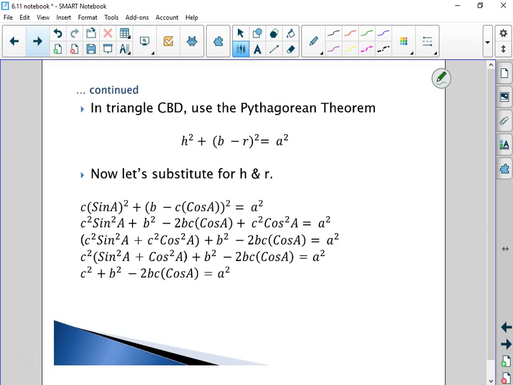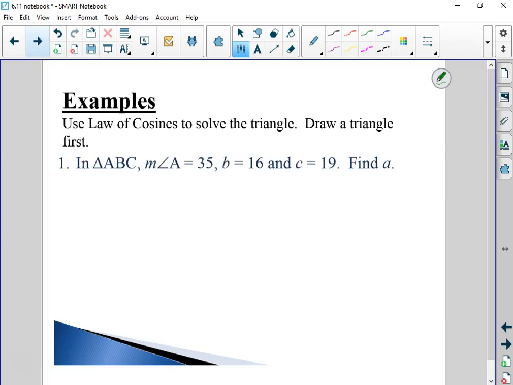You might want to go back to the previous screen and look at that triangle again to understand where it comes from. You're not going to be tested on proving this rule, but it just shows you how complicated it is and where it came from, and there is a reason behind it.